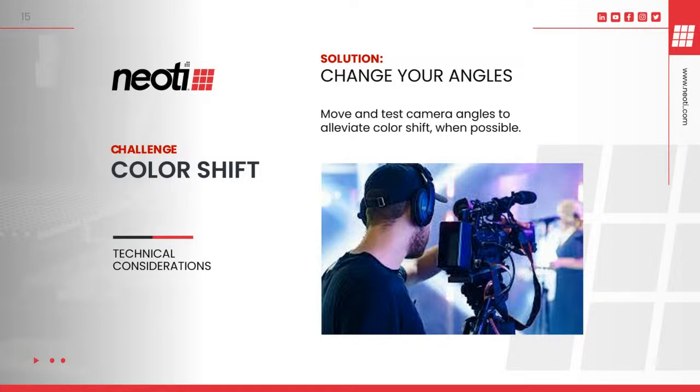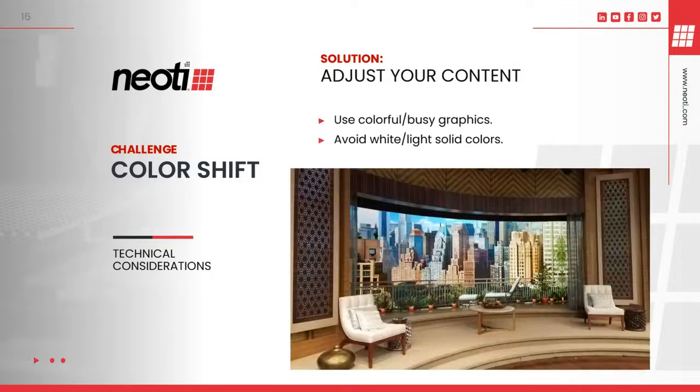We have one studio that had a really big problem with it because they decided to go from a colorful graphics package to almost all white, which, if any of you know LED, white is the worst color for LED because you're technically seeing red, green, and blue. You're not seeing white. And so shifting can happen tremendously on white when you're talking about a lot of weird angles.